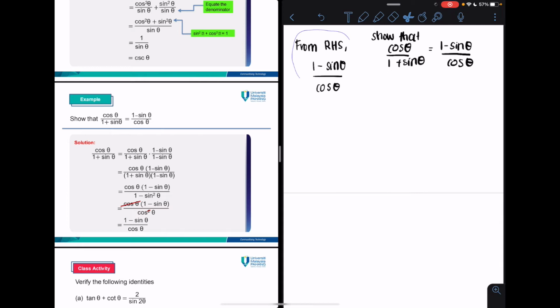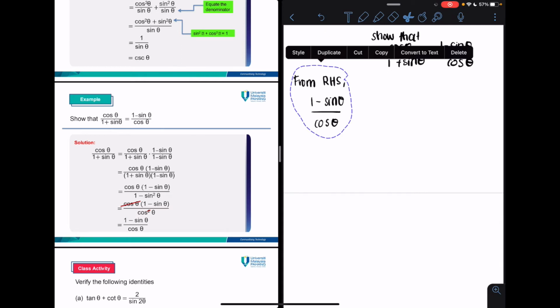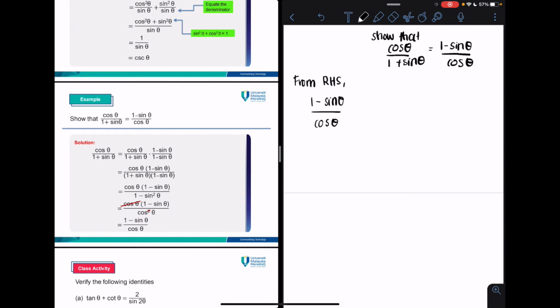Therefore, from this right hand side, I know that I have to multiply by the conjugate of the numerator, which is 1 plus sine theta over 1 plus sine theta. Even though we introduce a new term, 1 plus sine theta, it won't bring any effect to the original expression, which is 1 minus sine theta over cosine theta.